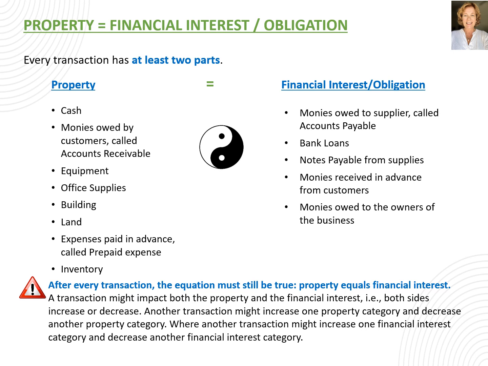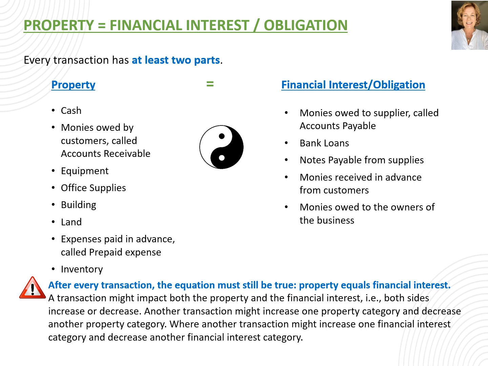Financial interests and obligations are monies owed by the business, such as monies owed to suppliers, called accounts payable, bank loans, notes payable from supplies, monies received in advance from customers, and monies owed to the owners of the business. A transaction might impact both the property and the financial interest, meaning that both sides increase or decrease.